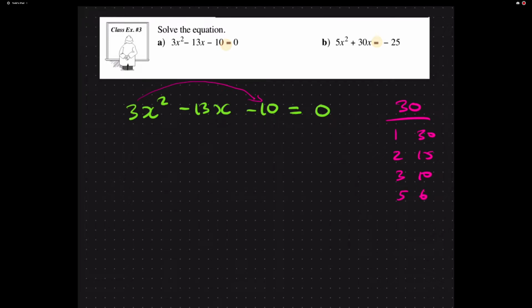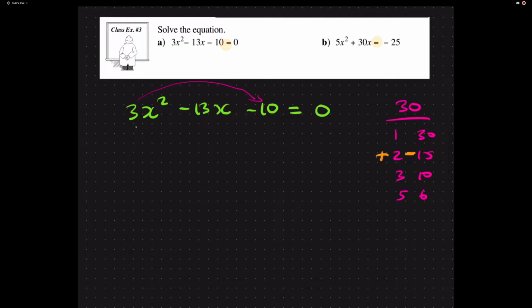We're looking for two numbers that subtract to equal 13, and the larger of those two numbers will be negative. That would be 2 and 15. 15 minus 2 is 13. Like I said, the larger number will be negative, so the 15 is negative, the 2 is positive.